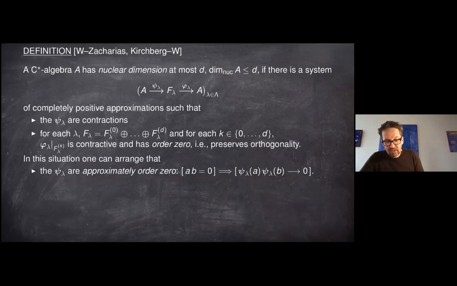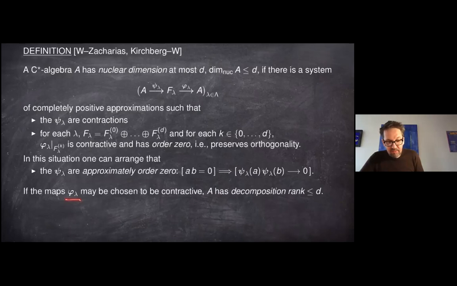All right, and if moreover you can choose the maps phi lambda to be contractive, then A has decomposition rank at most d. That's a different concept. It doesn't look very different, but there's a substantial difference between these two notions.